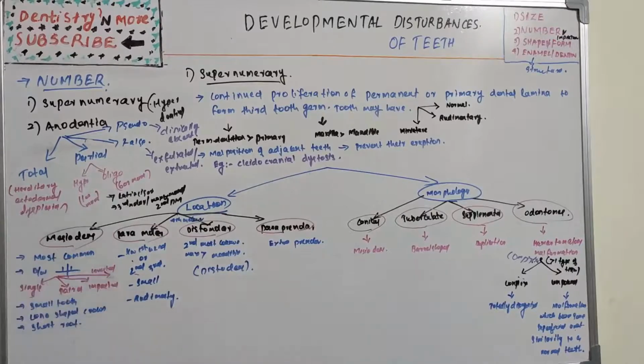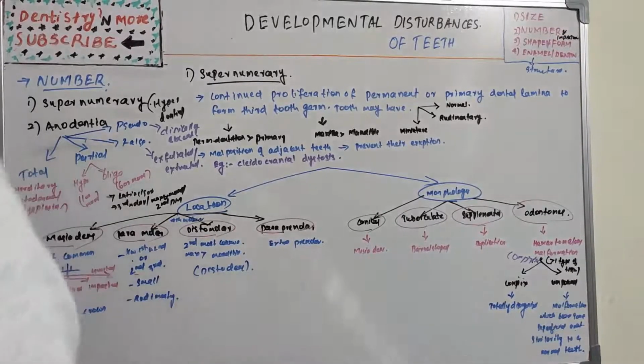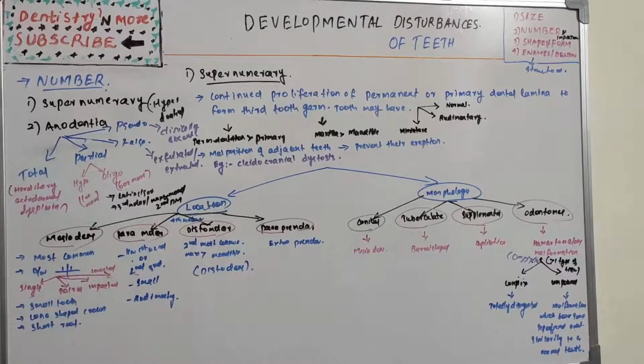It is totally disintegrated. Whereas in compound, the malformation where the superficial area is similar to the normal tooth. So compound is more or less like a normal tooth. We can distinguish layers of teeth, but in complex it is totally disintegrated.